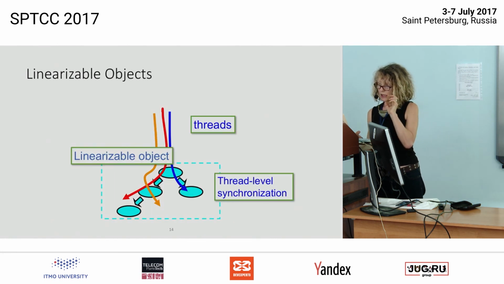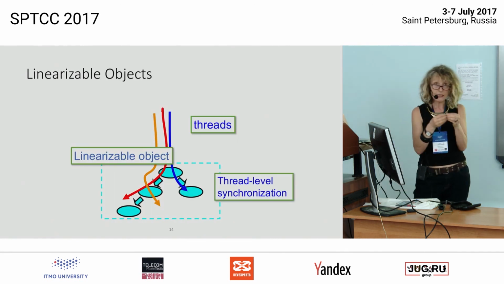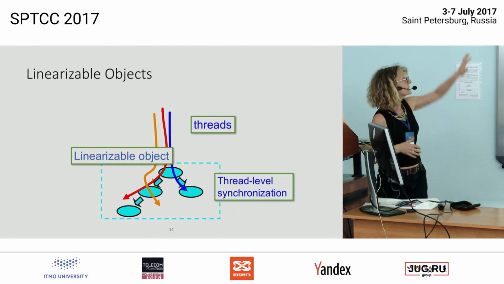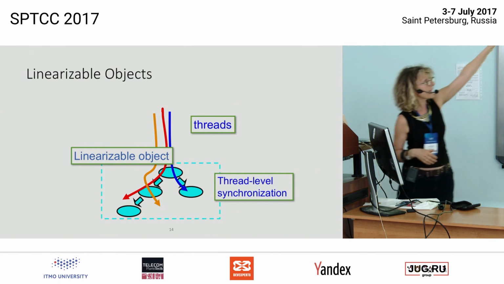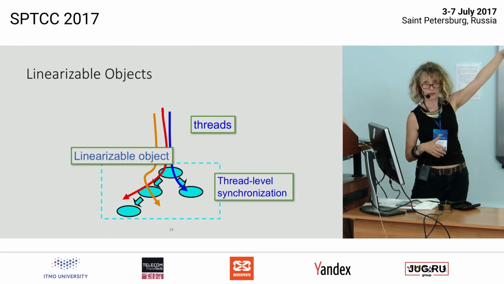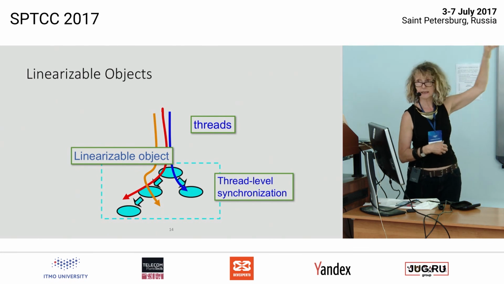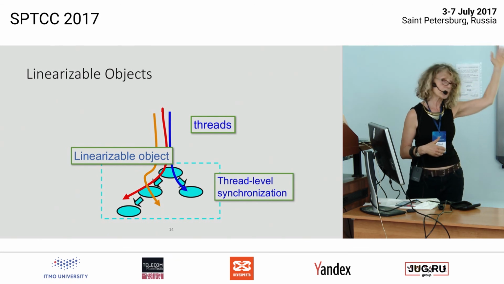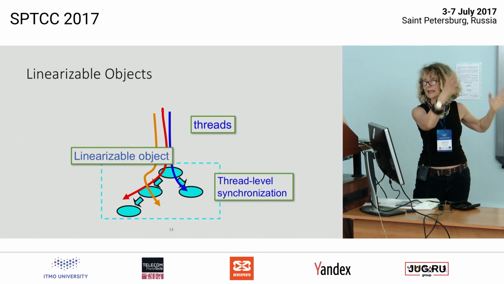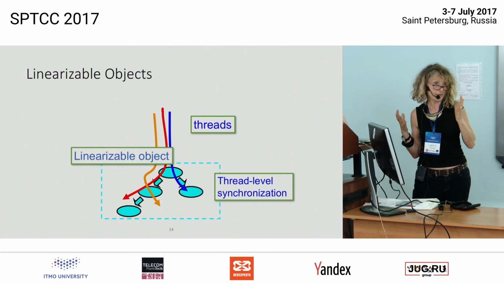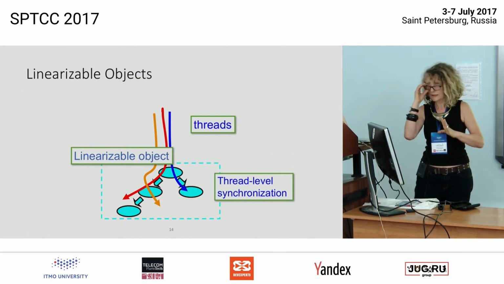So the synchronization that was used for this data structure is what I call thread-level synchronization, right? Threads come in, and the data structure synchronizes the data structure operations. Enqueue, dequeue. If it was a tree, it was insert, remove, add, lookup, right? Or other data structures.